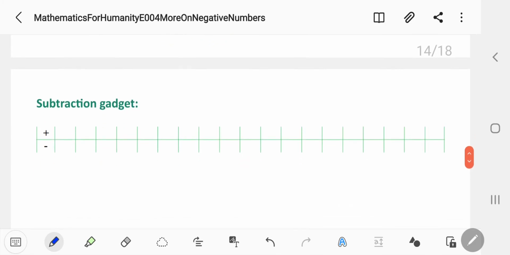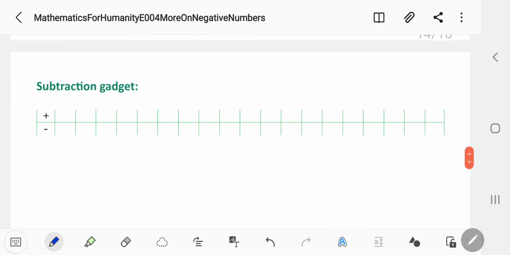Then this is a subtraction gadget that we used earlier. So let's take some examples, like what we had. What is 20 minus 4, for example? Or let's just say negative 9 minus 2.